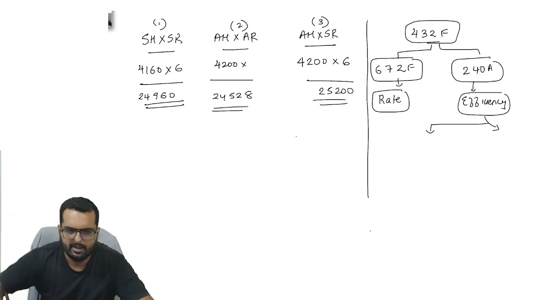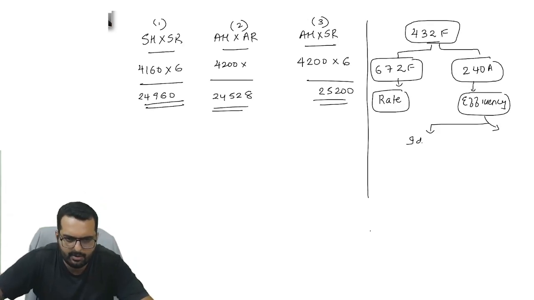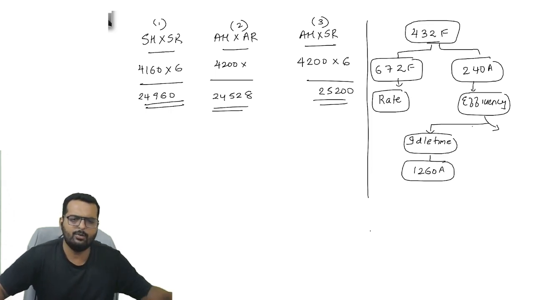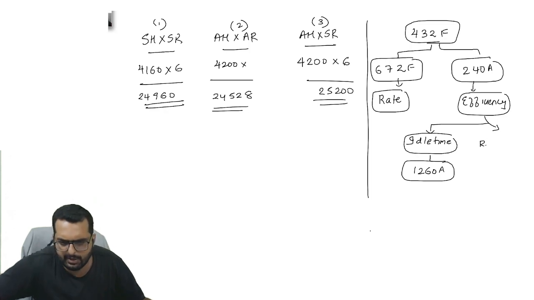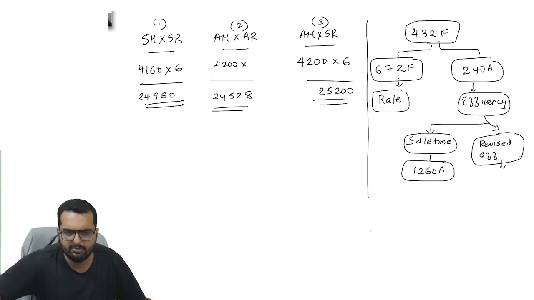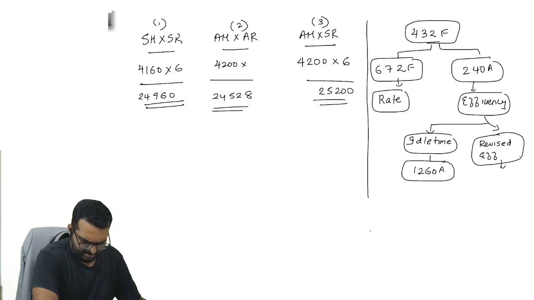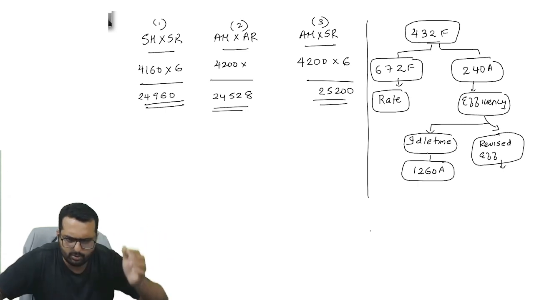So, friends, once you get this 1260, I will come over here and write down idle time variance. How much is the idle time variance? 1260 adverse. So now tell me what will be the balancing figure over here, which we will call the revised efficiency variance. So tell me how much is that turning out to be? 240 adverse minus 1260, if I do, 1 minute, I will get 1020 favorable.